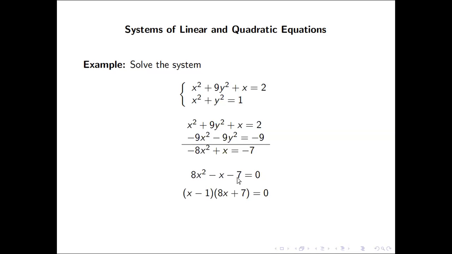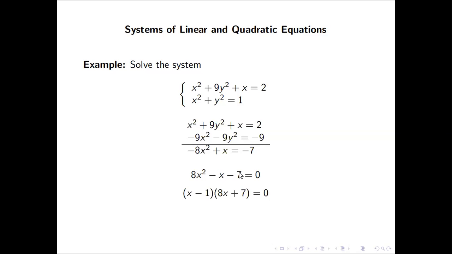Similarly, for -7, 7 is a prime, so the only combination is 1 and 7. So it's either the 7 here and the 1 here. But what we have here is the correct combination. You can just check this one. If you multiply this out, you'll get 8x squared minus 8x minus 7.